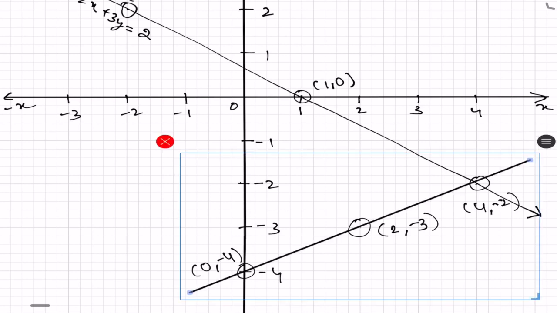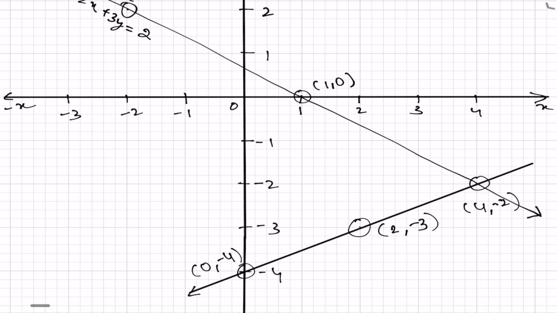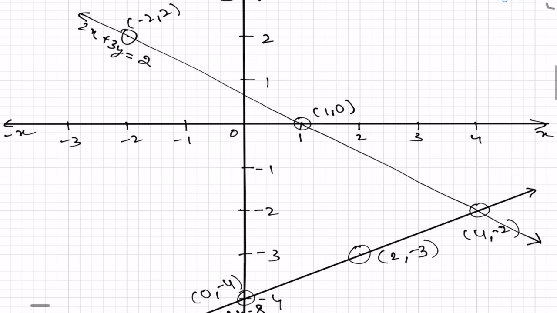So join all the 3 points and write down the equation of the line also. X minus 2y is equal to 8. And we can see that now both the lines are intersecting at the point 4 comma minus 2. So we have to write down here separately, the point of intersection is 4 comma minus 2.